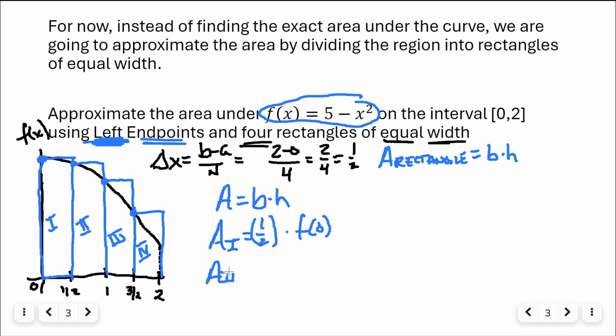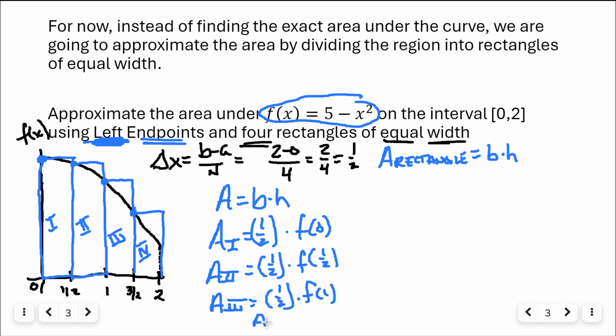For rectangle number 2, my base is again 1/2 of a unit, from 1/2 over to 1. But to calculate the height, I'm going to calculate f of 1/2. That's how tall this thing gets. The third rectangle is going to be 1/2 times f of 1.